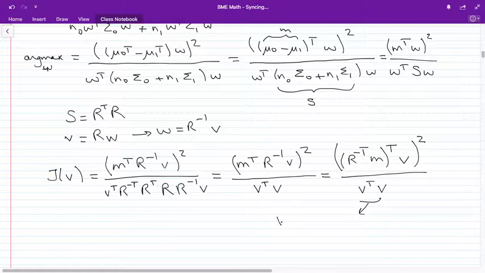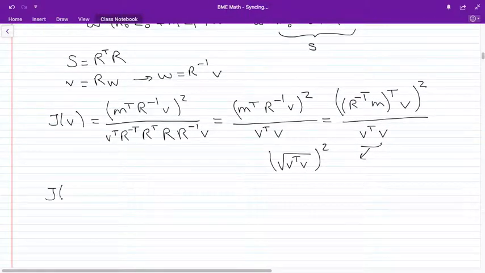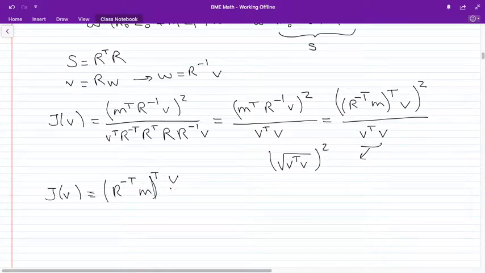This is just the square root of V transpose V quantity squared. So I'm going to be able to take this, put it inside of the squared quantity. So I'm going to get J of V is equal to R minus 1 transpose times M quantity transpose times the vector V divided by its length, quantity squared.